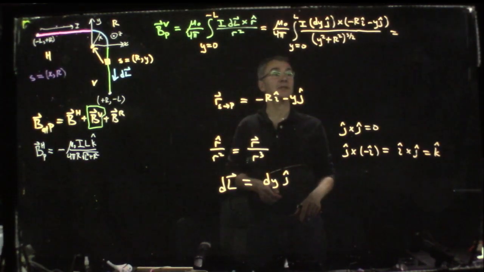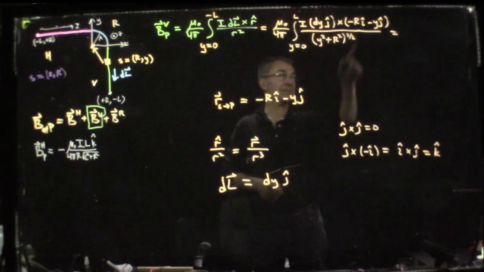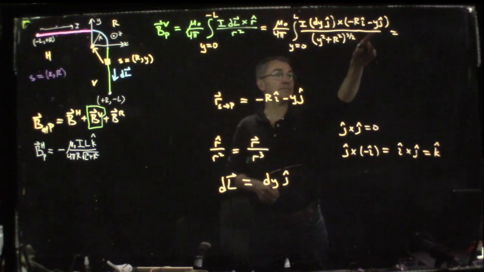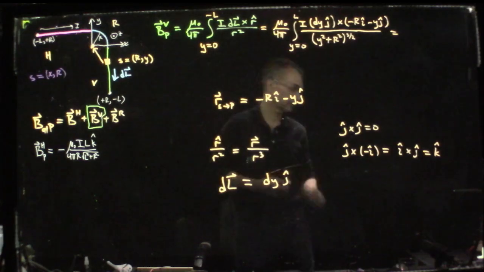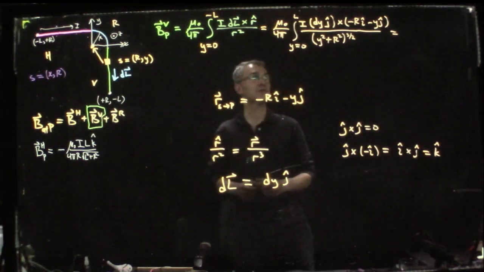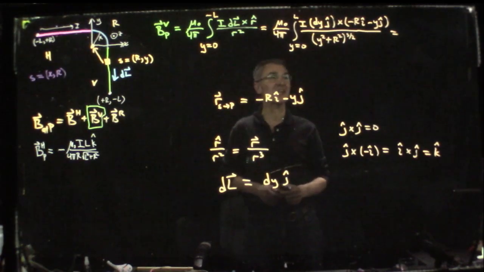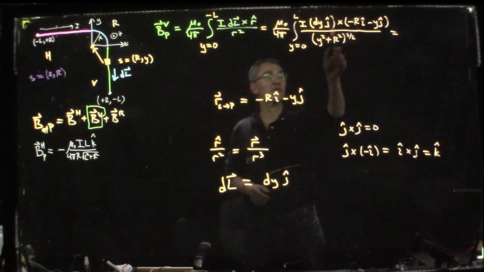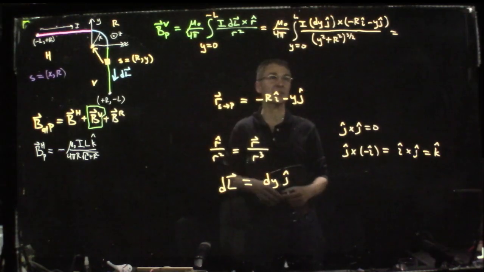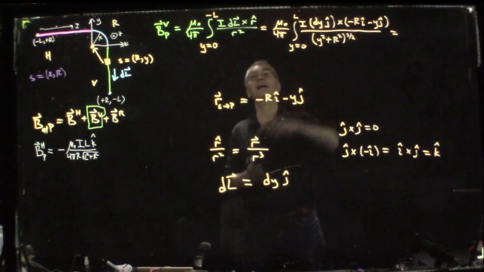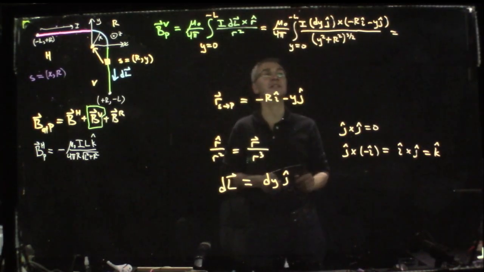This can't be right because, oh, I see. Sorry, I confused myself. I'll edit that out if I actually edit someday. So I'm looking at this term. j hat cross minus i hat is k hat. What confused me is, gee, I'm expecting this whole thing to point in the minus z direction, not the plus z direction. I think the minus sign is going to come out when we integrate.